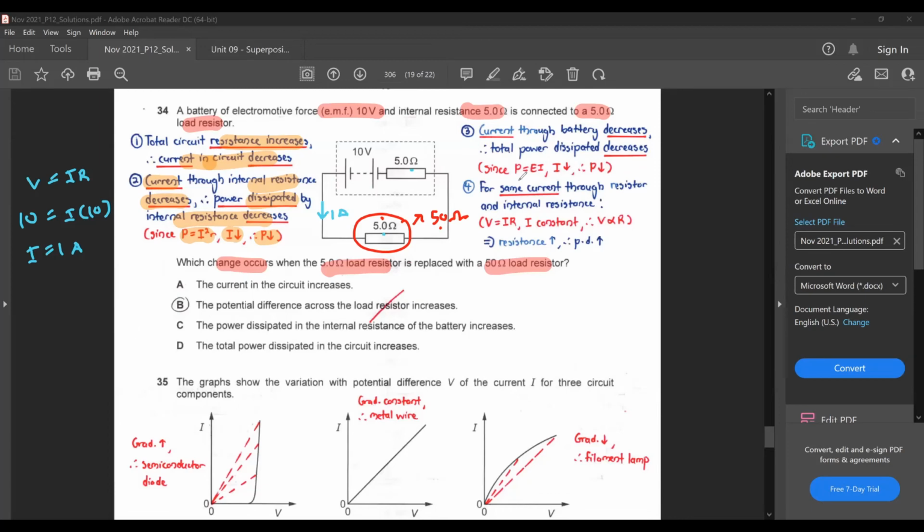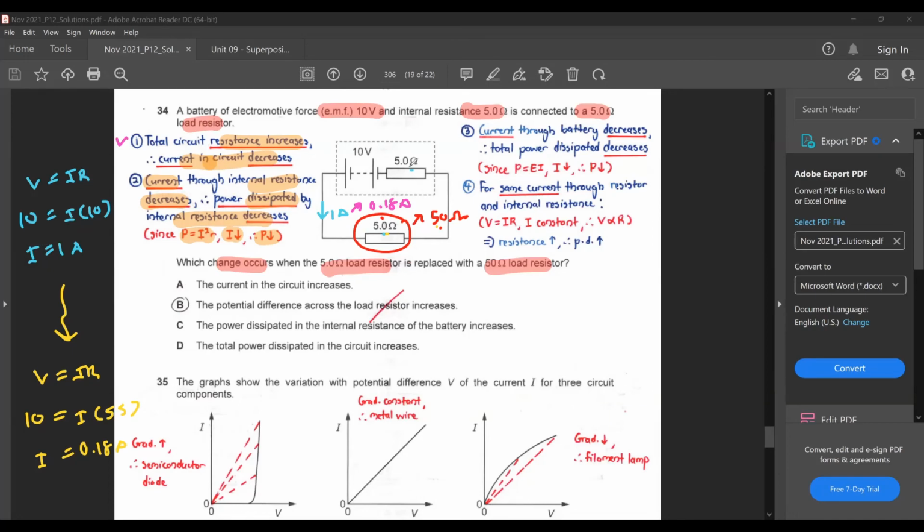But once the resistance is changed from 5 ohm to 50 ohm, you use V equals to IR again. Your PD is still 10, but your total resistance is now 55. So I is now 0.18 amps. From 1 amp, it suddenly changed to 0.18 amps. So the total current is dropping. This is correct for number one when we say current in circuit decreases.